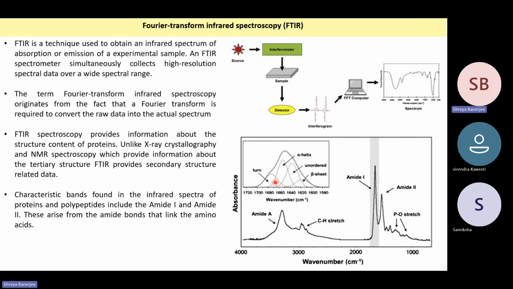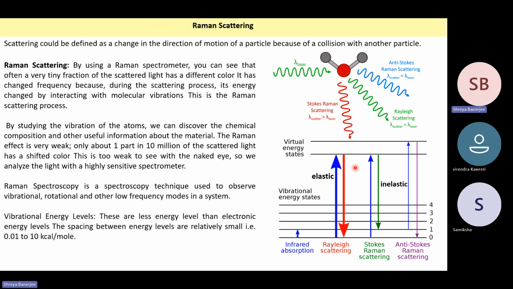It has predicted how much is responsible, like alpha helix is responsible for this much, turn is responsible for this much. So by putting the FTIR spectra through a software, we can predict how much of each secondary structure is present. And there is the final thing that we'll discuss.